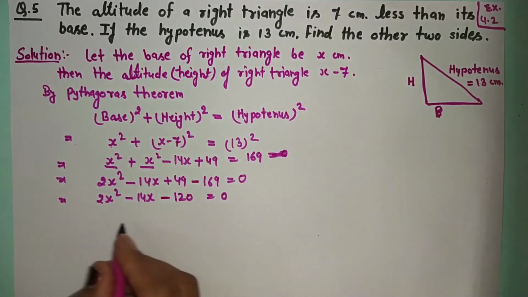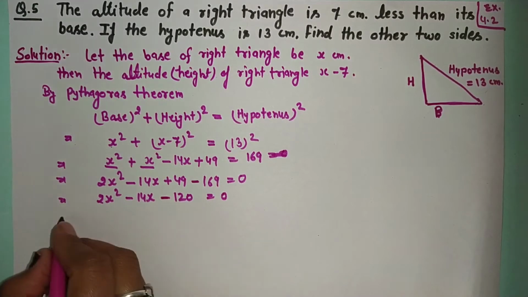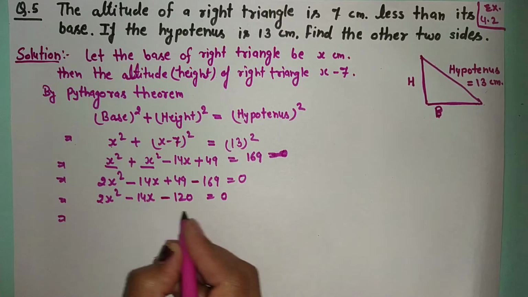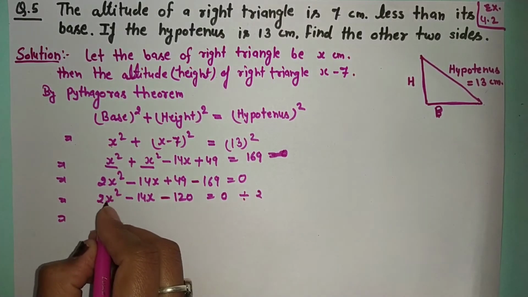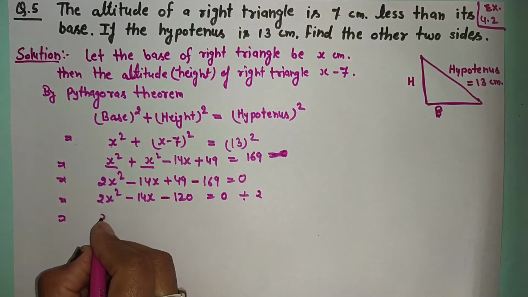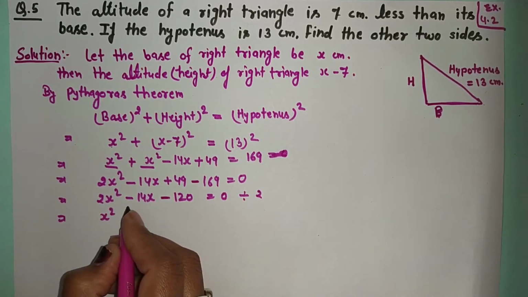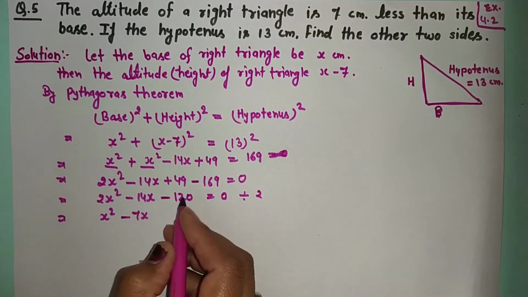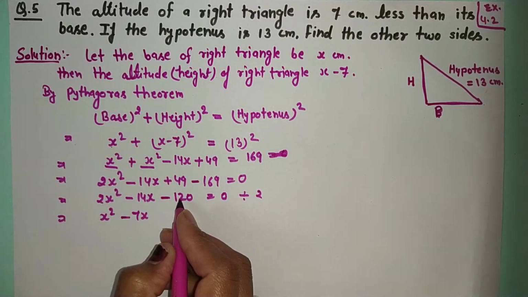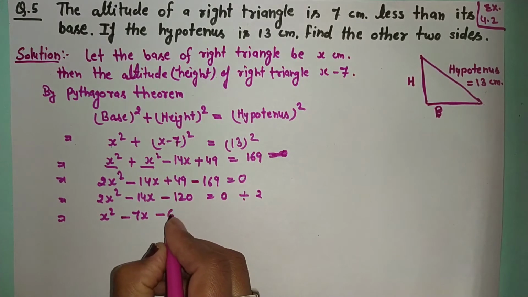By dividing the equation throughout by 2, we get x square minus 7x minus 60 is equal to 0.